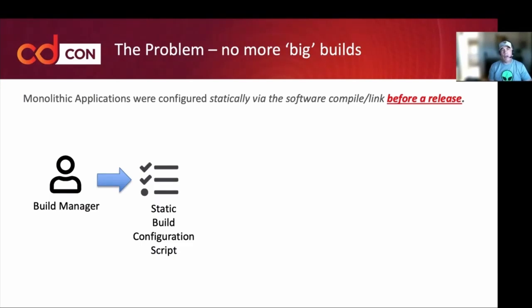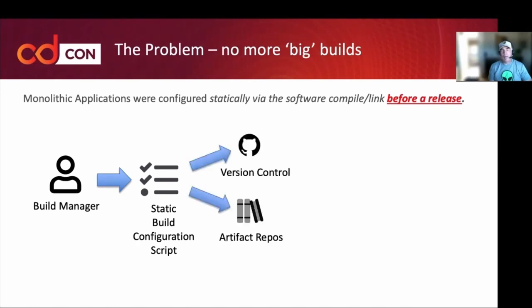Typically, there's a build manager or build meister that is responsible for the scripts that are going to be used to create that monolith application. These are in the form of Maven scripts, Gradle, Ant, make scripts, build configuration files. Any of that is used to pull together the pieces that we need for creating our monolith application.